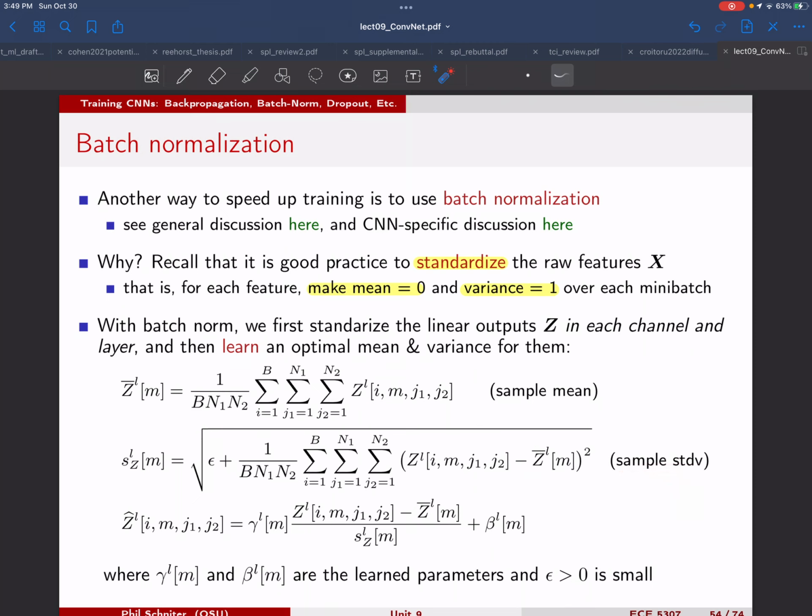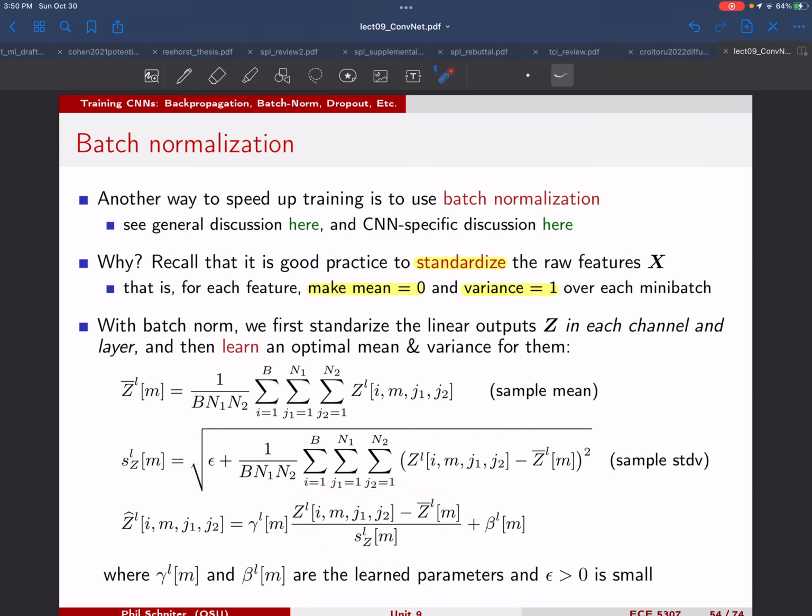Now, to prevent this number from going to 0, it's common to add a very small number here. The reason we don't want this to go to 0 is that this is the standardization process. You take your data, subtract the sample mean, divide by the sample standard deviation to try to get this to 1. If somehow during training this goes all the way to 0, you can see that this will go to infinity. You definitely don't want that to happen.